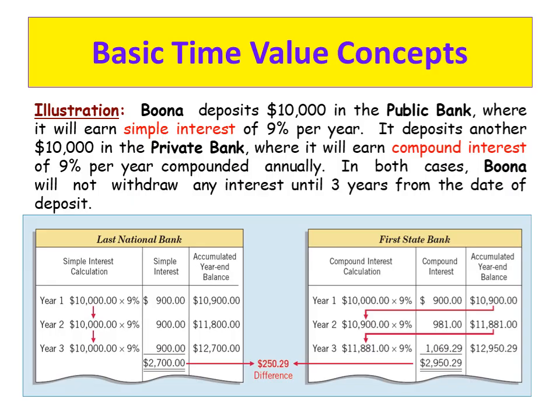Compound amount is equal to P times the bracket 1 plus R to the power of N. P is 10,000 times the bracket 1 plus the rate 0.09, to the power of 3 years. The principal and interest become 12,950.29. This is when we calculate at the end of 3 years.